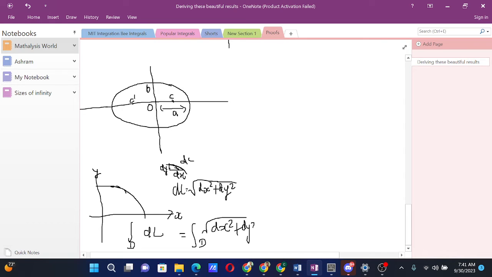This is the formula for finding the length of curves, and we'll use it here as well. We are integrating from 0 to a, root under dx square plus dy square. But I cannot say 0 to a, since we don't have a single main variable of integration, so for now I'll just say over the required domain.